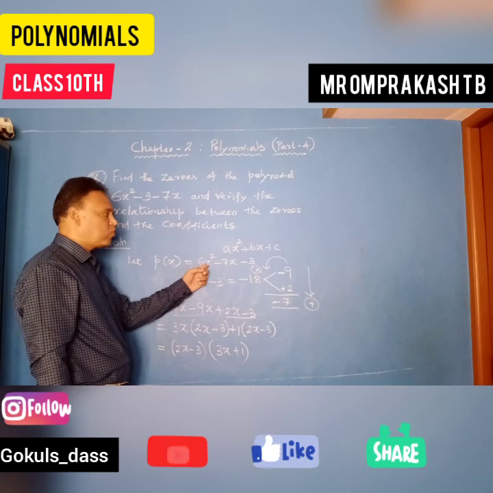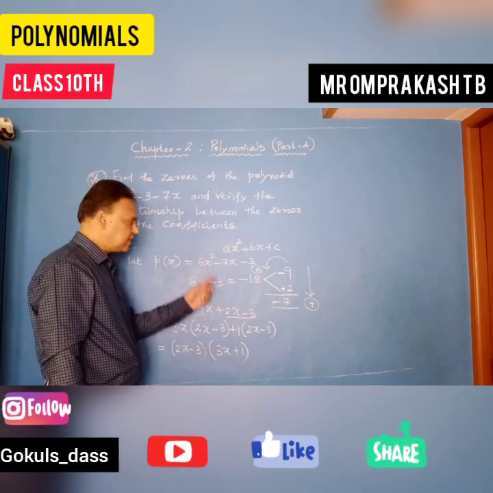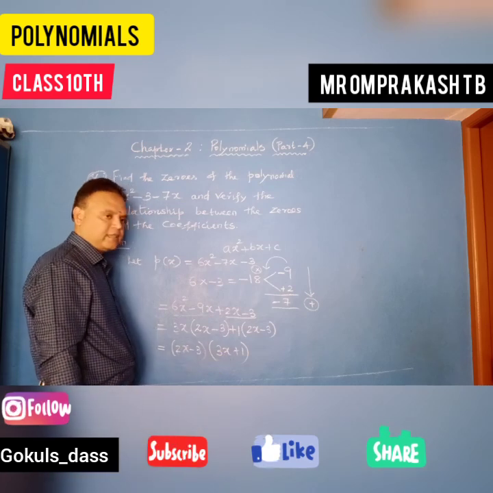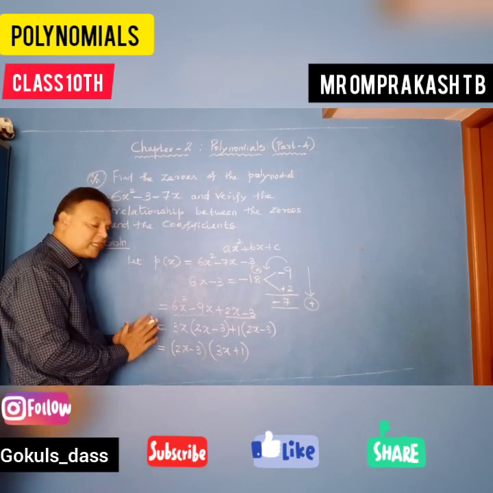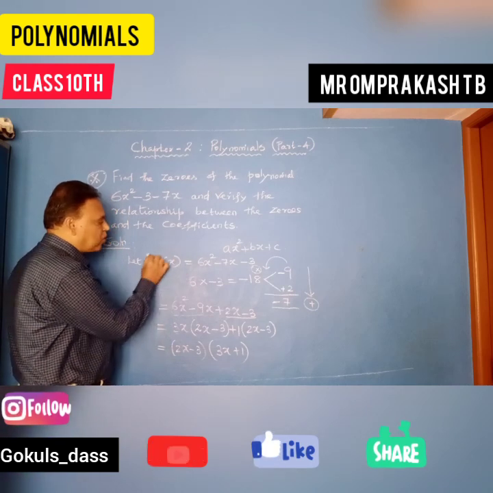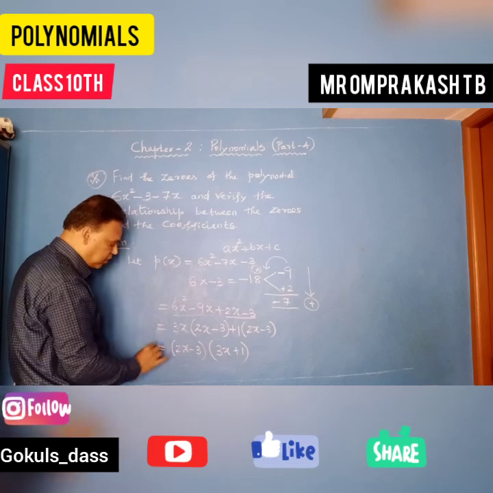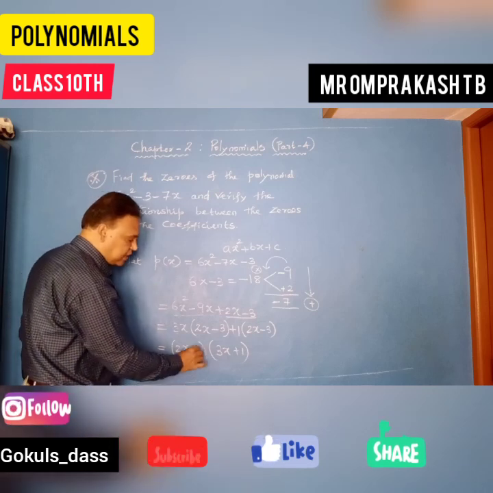Since it is a quadratic polynomial, when you do factorization you will get two factors. Now to find the zeros of the polynomial, you have to make this polynomial equal to 0.